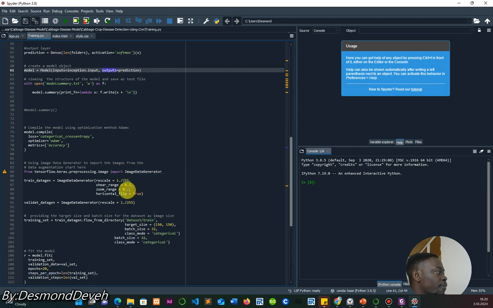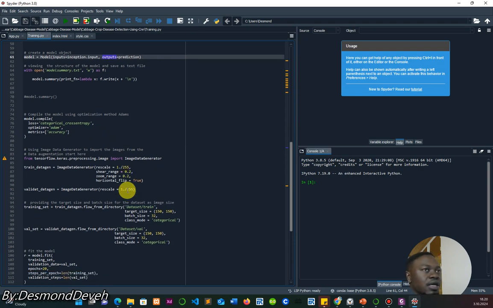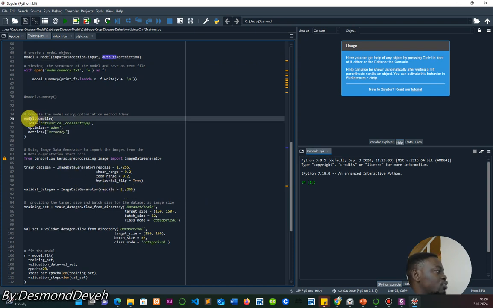An epoch is the number of times the model should learn the images. If I give it one epoch, it means the Inception V3 model learns the images only one time. But if I give it 20, it means that it will learn the images over and over, 20 times. When it does that, it is able to predict accurately.